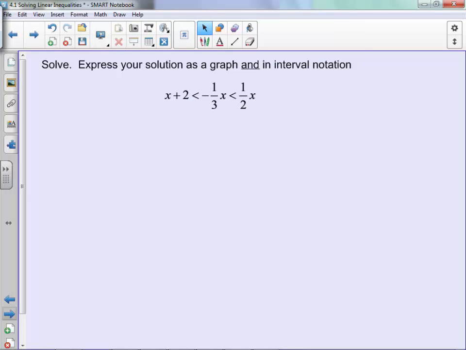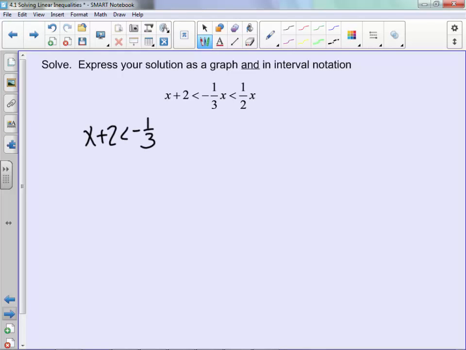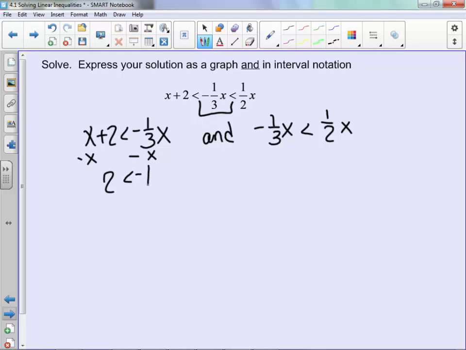Now this one, we'll do it the same way. We'll break it up. That middle part has to be greater than the left, and it also has to be less than that right side. And now we'll just solve each of these individually. Notice though we're multiplying by a negative, so our sign will flip.